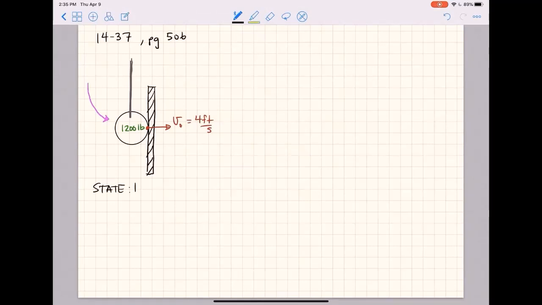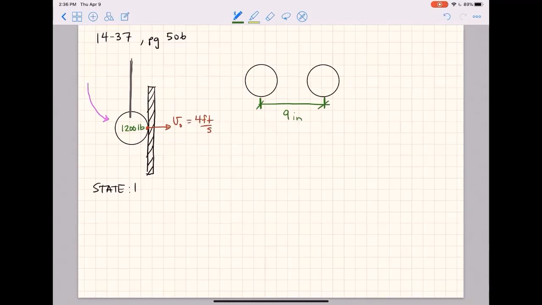Okay, and then let's look at state 2. State 2 would be, we're taking this wrecking ball, and it's just going to go a little further, doesn't it? So it says it comes to rest in 9 inches. Now it does say that it doesn't change in height. So clearly if this is at the bottom of the arc, it would raise a little bit in height, but I guess that arc is so big, we assume that there's no change in height.